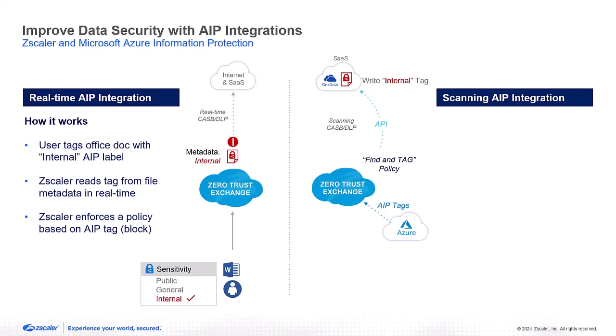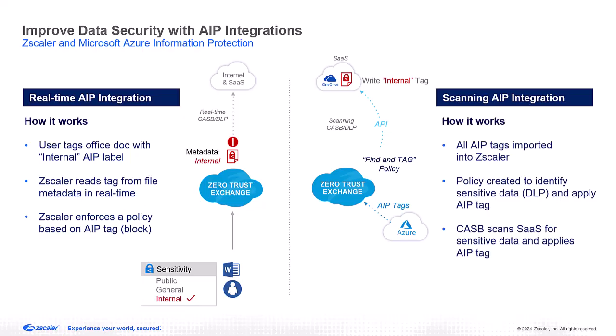So an example would be, in our proxy you build a policy saying, if you see an AIP label in a document that says sensitive, do not allow users to upload the document to any unsanctioned SaaS-based services, right? So in this case, we are simply reading that AIP label. We are looking at your policy, we are looking at the destination, and we are simply becoming an enforcement point.